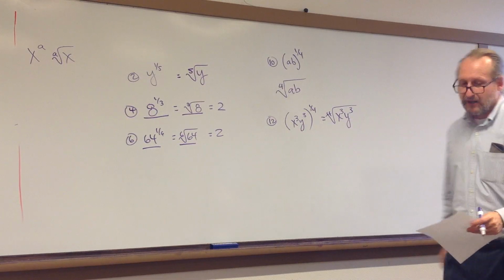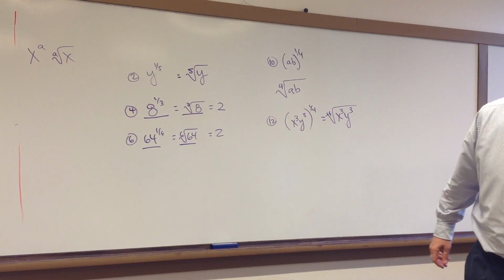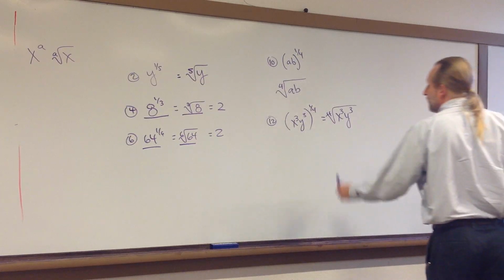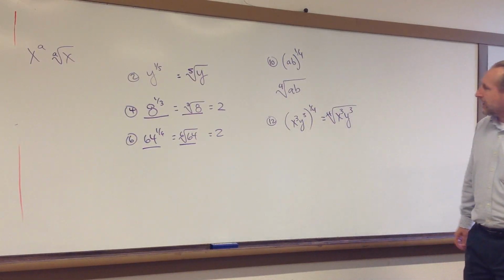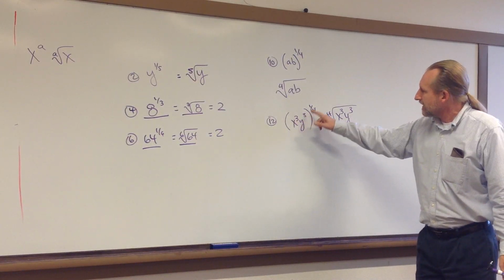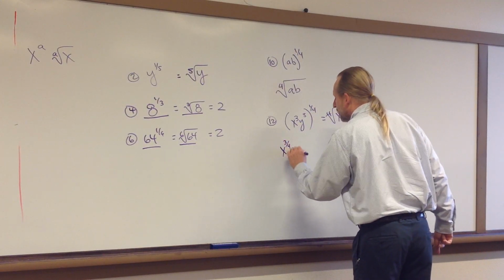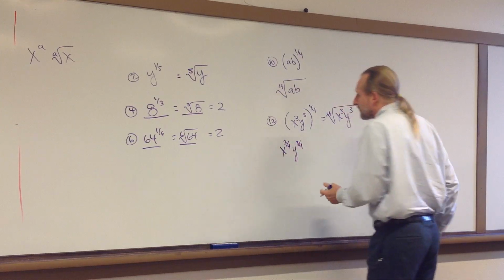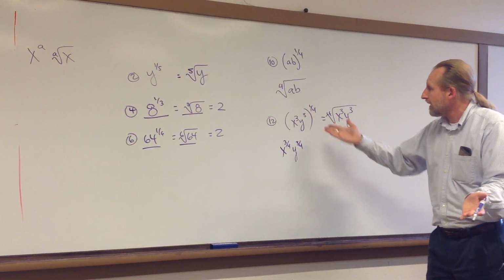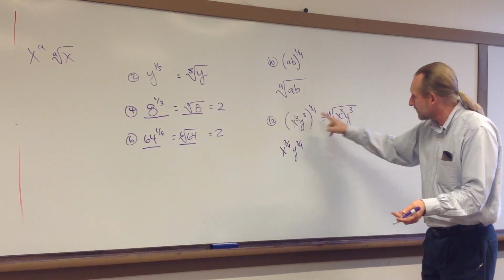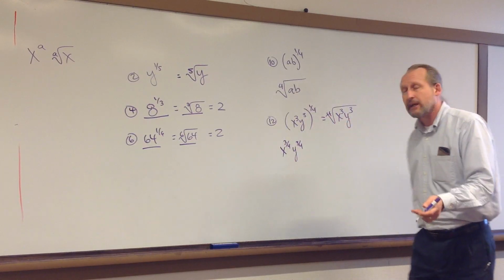Now, watch what happens here. So I wrote this as the 4th root of x cubed y cubed. Now, if I raise these to the 1/4 power, I'll get x to the 3/4 y to the 3/4. So there's a third different way to write this same expression. You can write it like this, you can write it like this, you can write it like this.